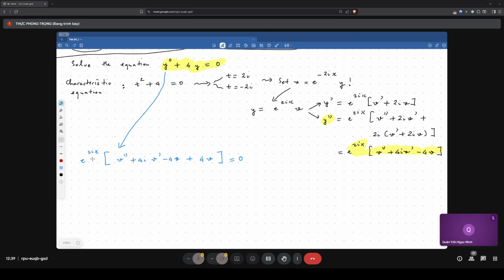Keep in mind that e to the power 2is is always non-zero. How do we know that e to the power something is always non-zero? One way is that if you remember things about complex numbers, e to the power 2is is cosine of 2s plus sine of 2s times i.